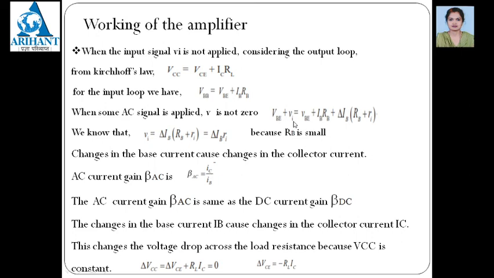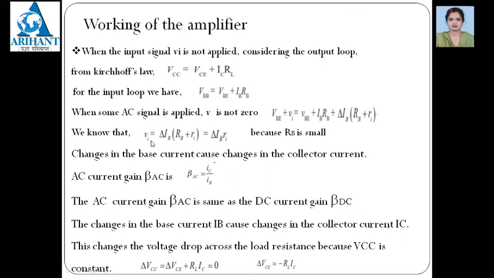So VBE plus Vi is equal to VBE plus IBRB plus delta IB, the change in the base current, into the bracket RB plus the input dynamic resistance Ri. We have to consider this term as an extra.